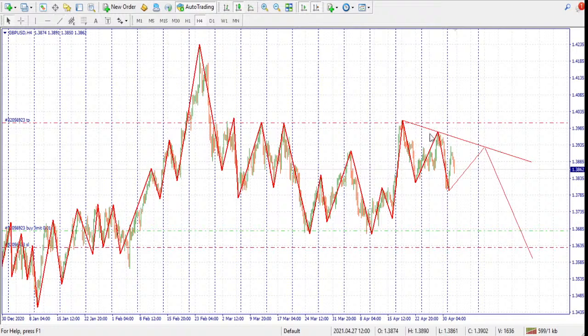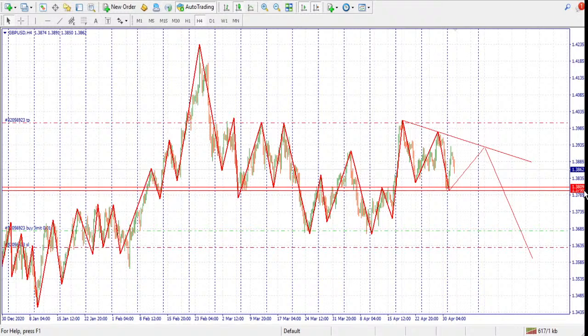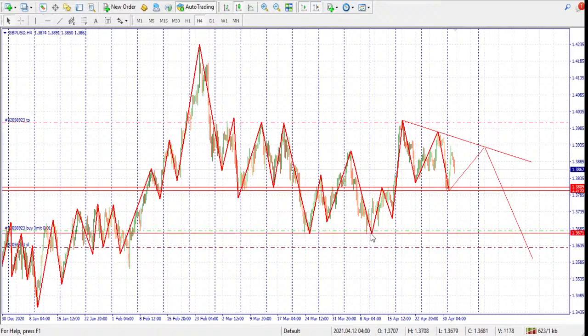So as the price progresses to the future, we expect more lower highs, like this, a higher high, a lower high, and even further lower high, which means the price will continue much lower. So technically, we'd like to see a break below this level. We'd like to see price break below this point here, 1.3809, which will mean the price is continuing much lower, at least up to this point here, 1.3671.